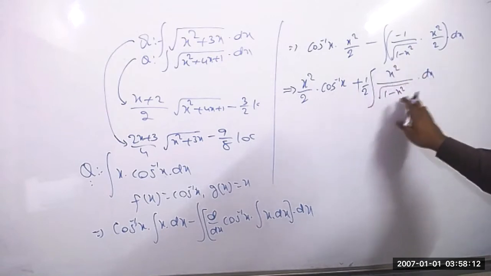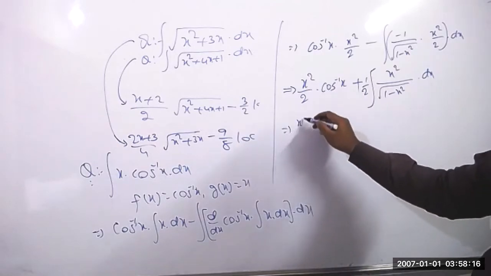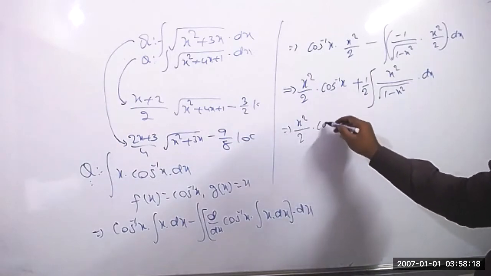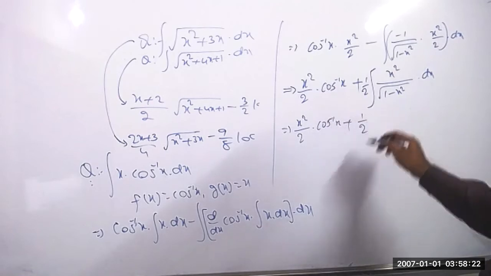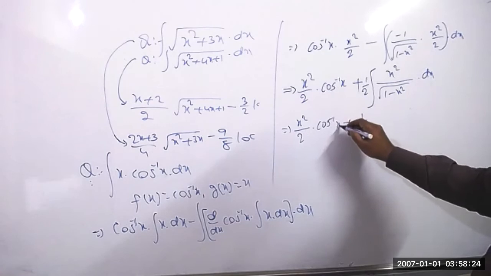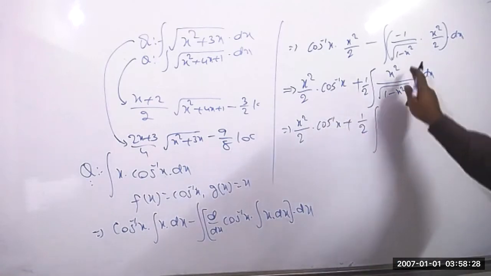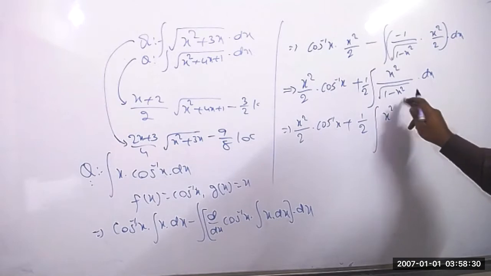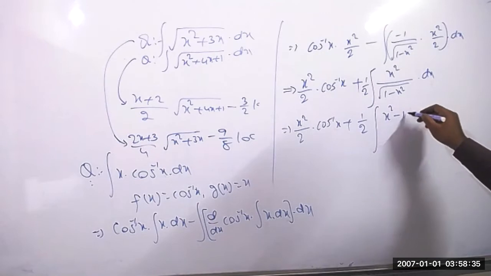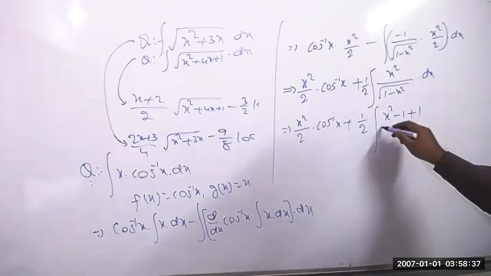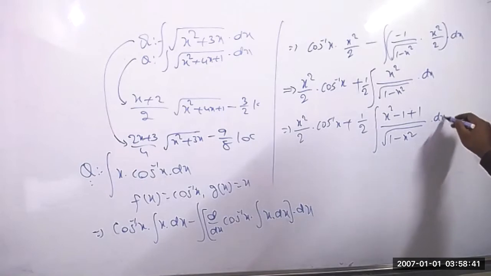Now we have the second part, like the previous formula. So x square by 2 into cos inverse of x plus 1 by 2 into integration of x square by root of 1 minus x square dx. Here 1 minus x square is there, so I can write x square as x square minus 1 plus 1, whole by root of 1 minus x square dx.